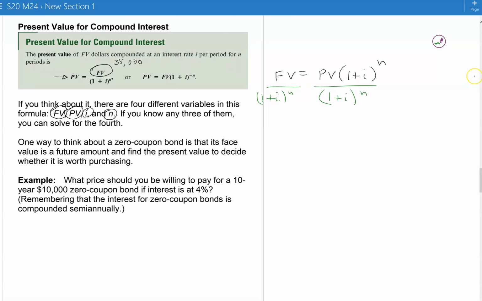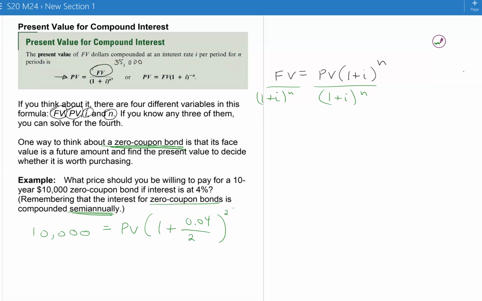So one way to think about the zero coupon bond is that its face value is a future amount, and you figure out what the present value is to decide whether the sale price is reasonable. So let's look at how this would work out. I want to end up with $10,000. So I want to know what the present value should be. I'm getting 4% interest semi-annually, because the words zero coupon bond need to prompt you to think semi-annually. I'm just reminding you.